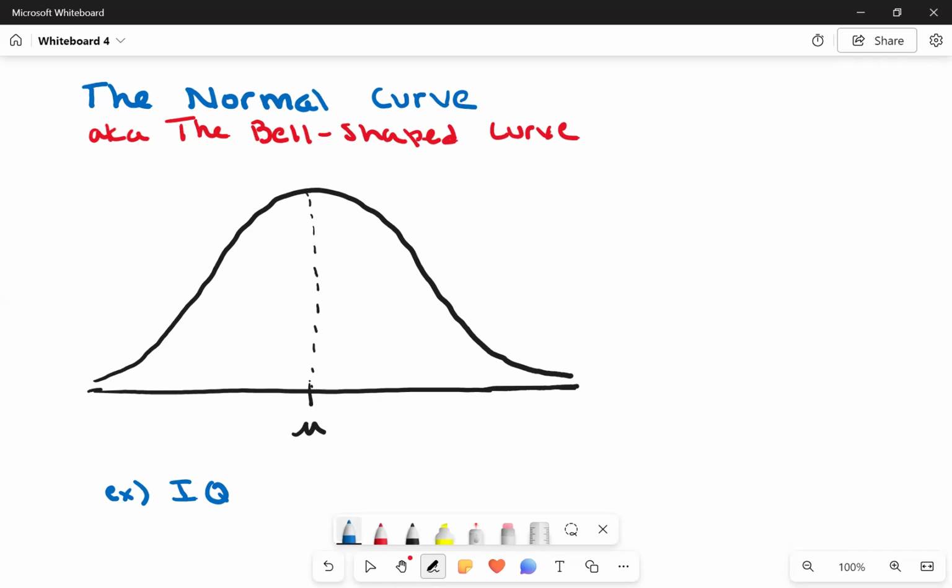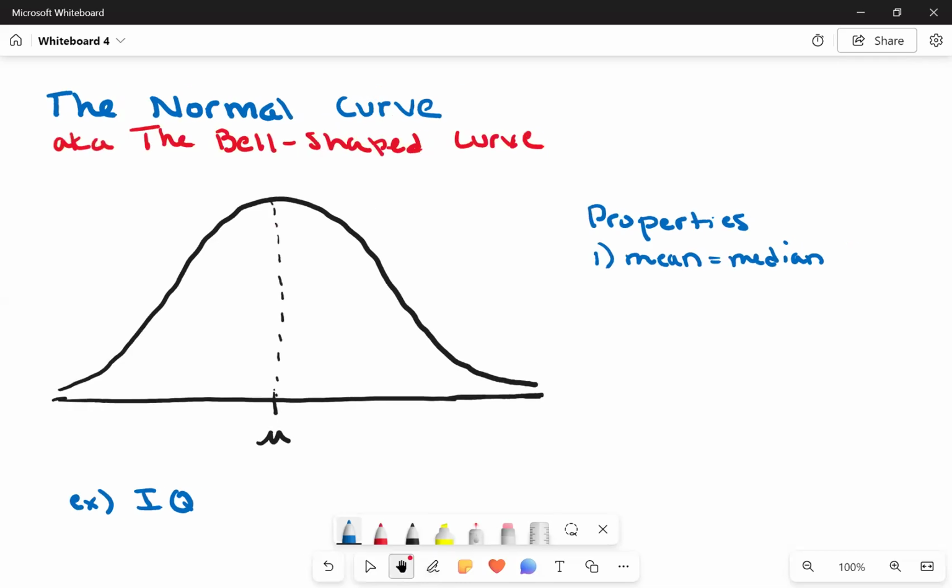Now there are some properties of the normal curve that we want to talk about and that are extremely useful. First of all, because of the bell-shaped curve, the mean ends up being in the middle, and the median also ends up being in the middle. It makes sense because since it's symmetrical, it's going to fall on either side of the data.